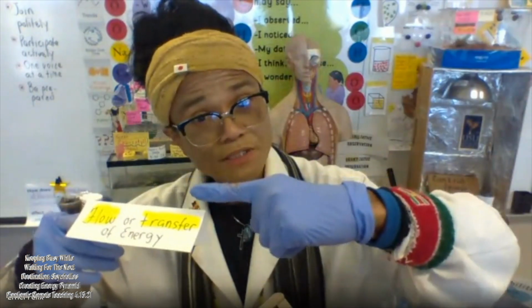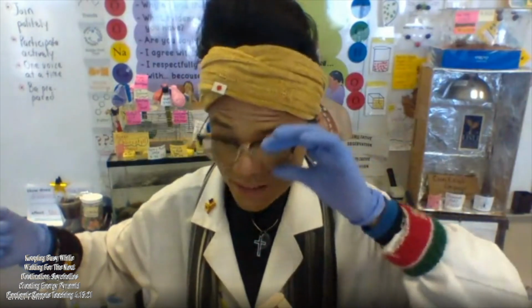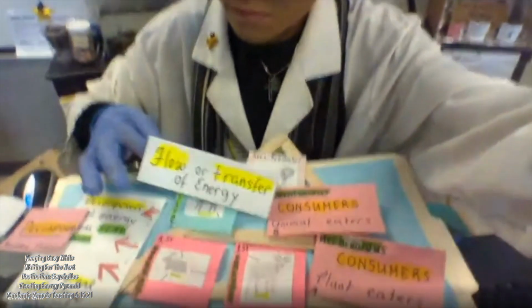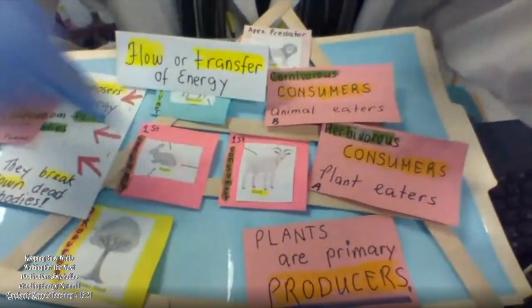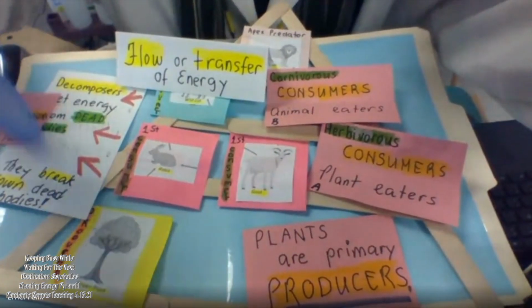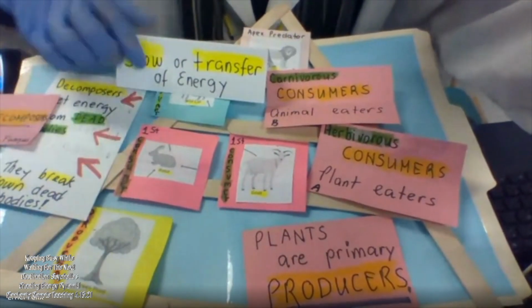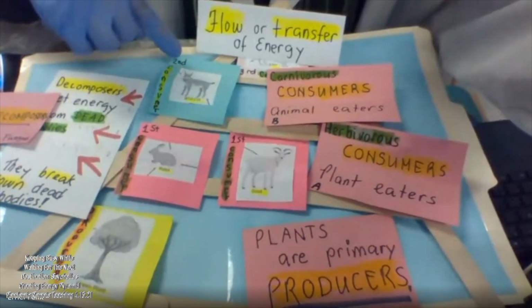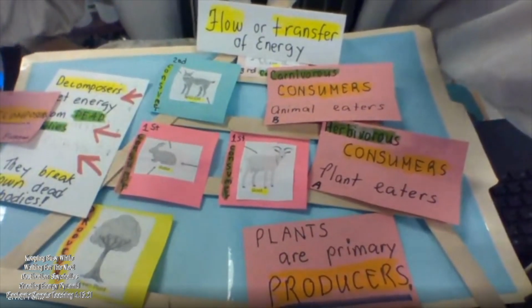So when the arrow is pointing to an animal, or to a bacterium, or a fungus, or a worm, or decomposers, that means to say that the energy is coming from, let us say, rabbit to the decomposer, tree to the bacteria, wildcat when they die to the bacteria.